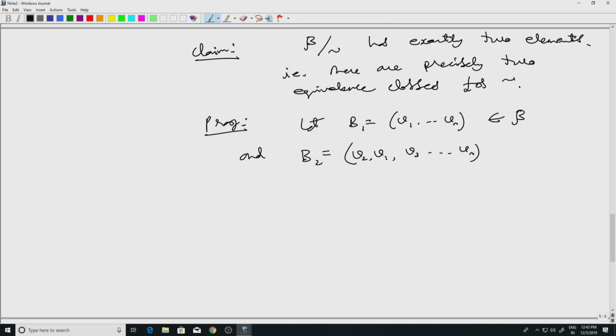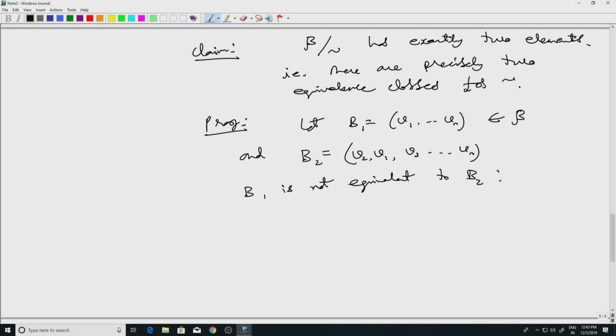Of course, this is the same as a set, so this is still a basis, just that the ordering has changed. First of all, B1 is not equivalent to B2.